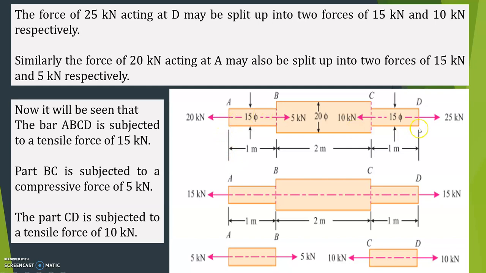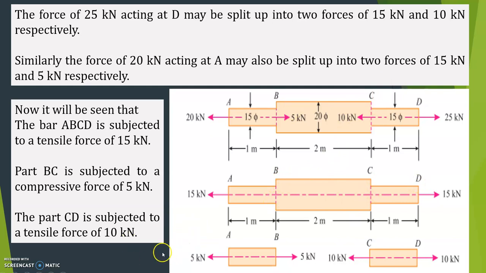So you can consider the bar A to D, going through B and C. At A it is now 15 and D also 15. But this is not a uniform section. You cannot consider it like a straight line, because the diameter is different. The section is of different diameter, so you have to consider it like this.